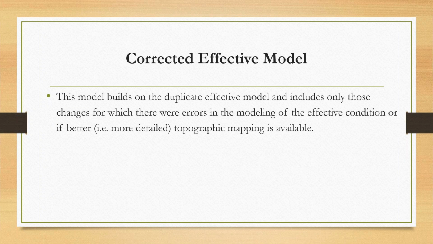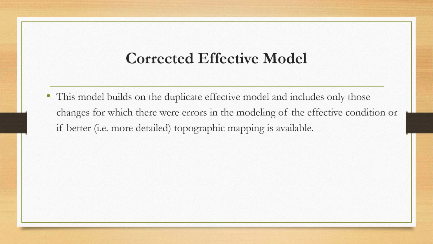The next thing that we do is we try to correct this model that we've now put on our machine. So it's a corrected effective model. With this model, we start fixing the errors that might be incorporated in it. One of the most common errors for the older models is the topography. Usually the mapping we have today is superior to anything that existed many years ago.